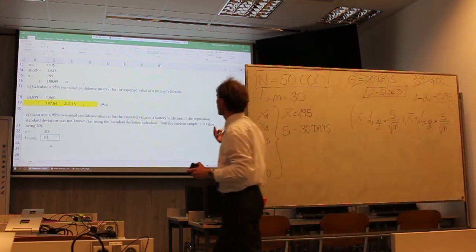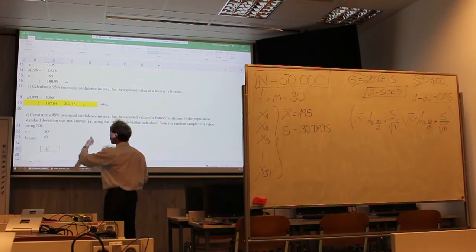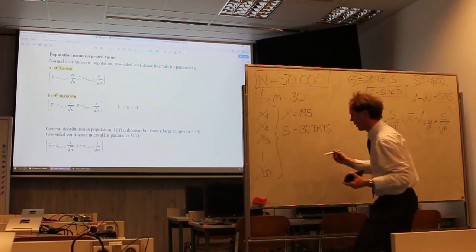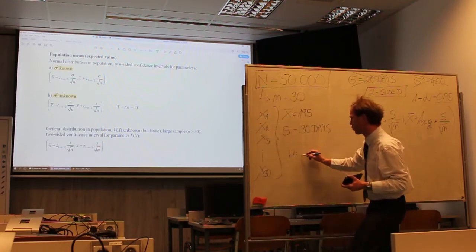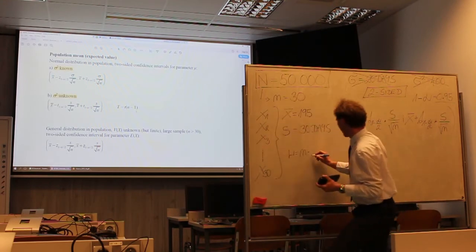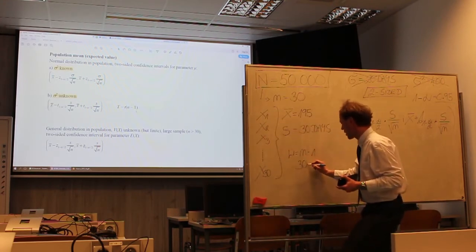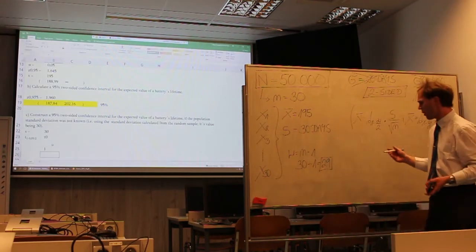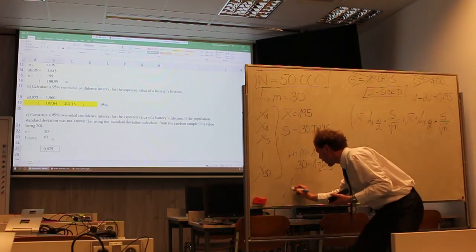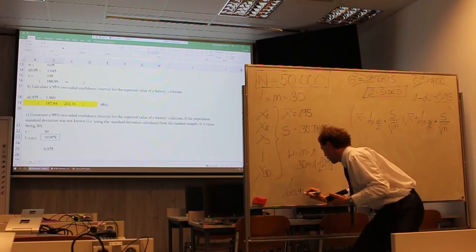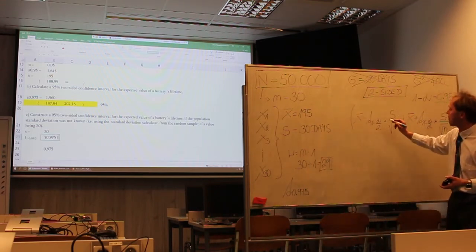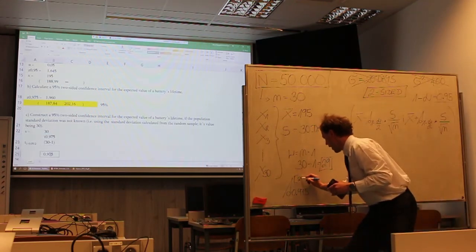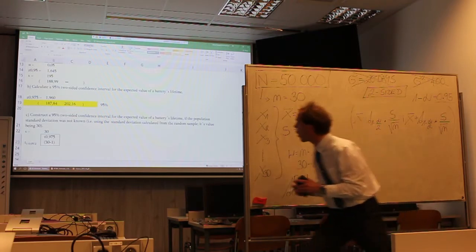We know that the student t distribution uses degrees of freedom, parameter, small Greek letter mi, equal to n minus 1. In our situation, 30 batteries minus 1 is equal to 29 degrees of freedom. So we will check our tables and find t 0.975, the 97.5% quantile of the student t distribution with 29 degrees of freedom.